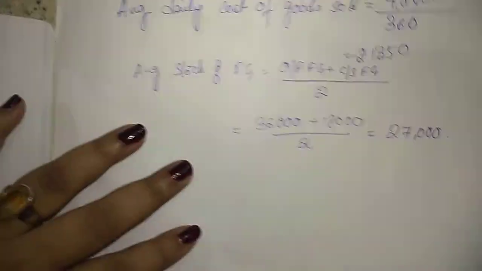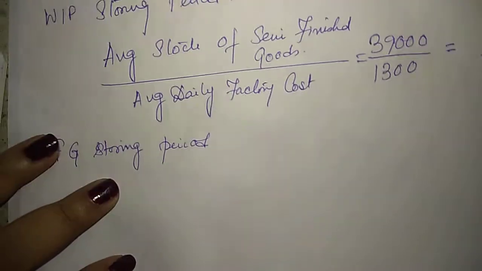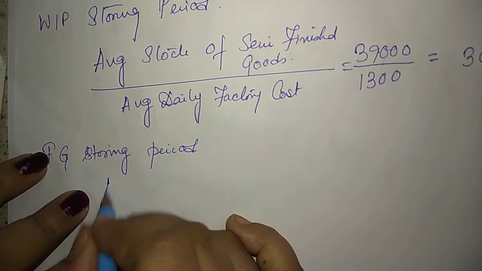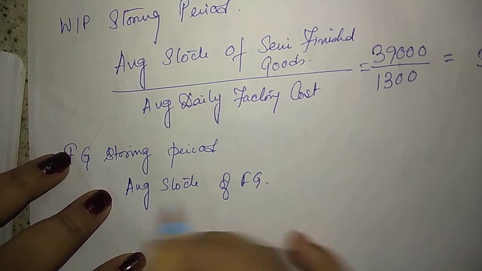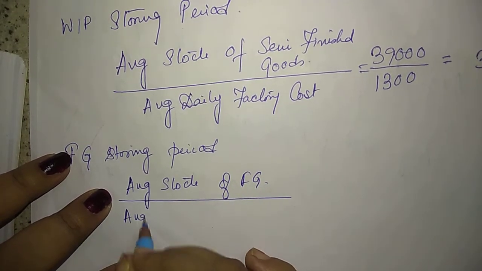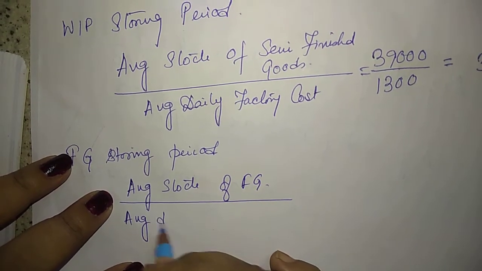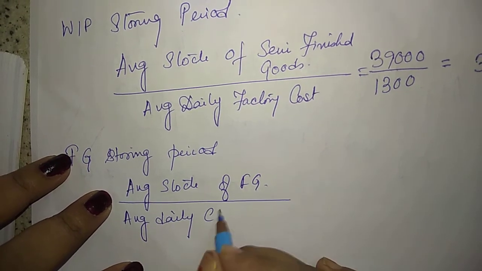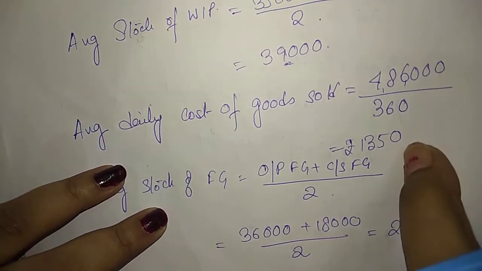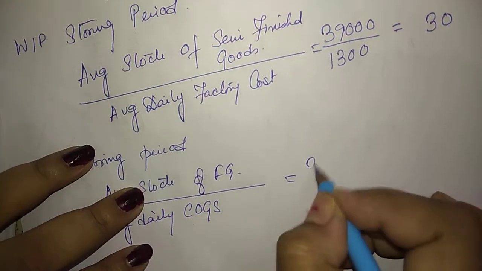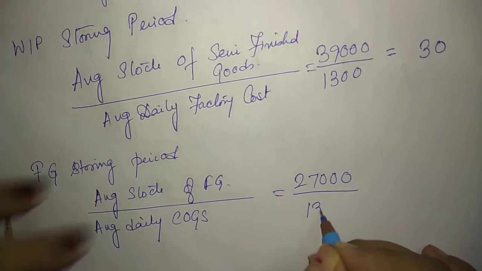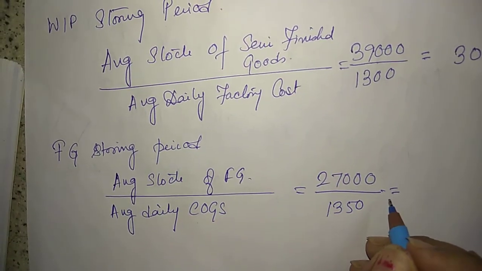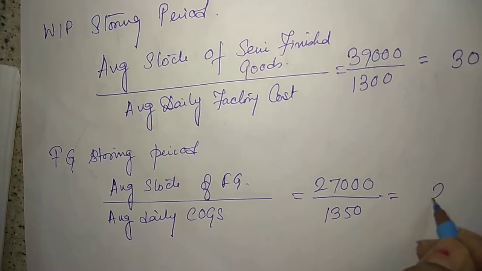So next part of the solution, finished goods storing period. Average stock of finished goods divided by average daily cost of goods sold. Average stock of finished goods is 27,000 divided by 1350. It's coming to 20 days. Okay.